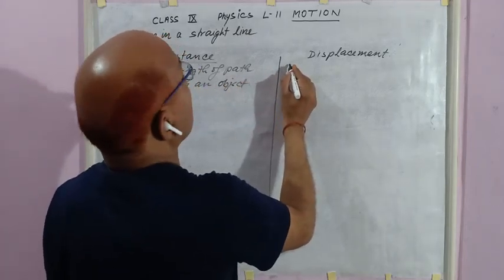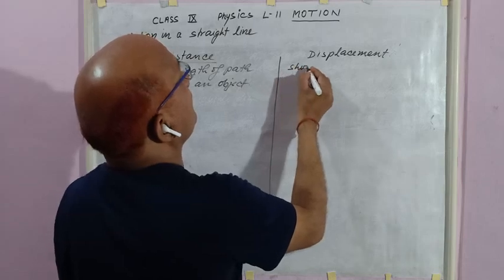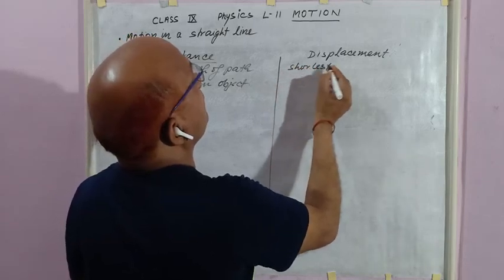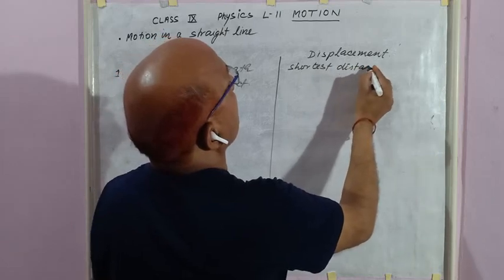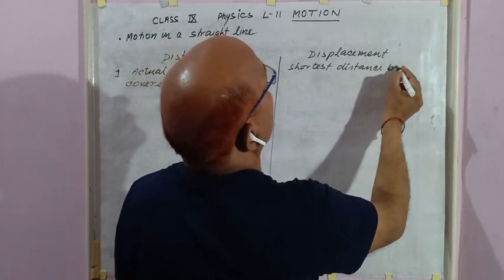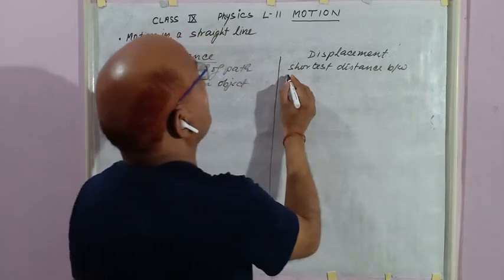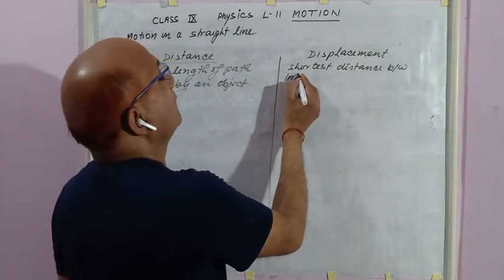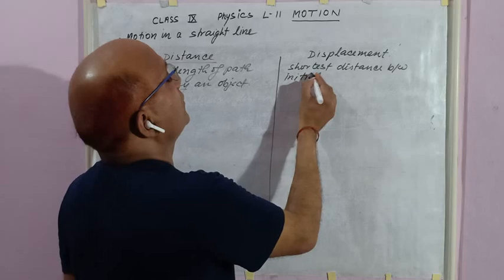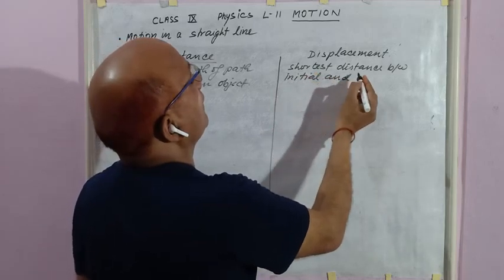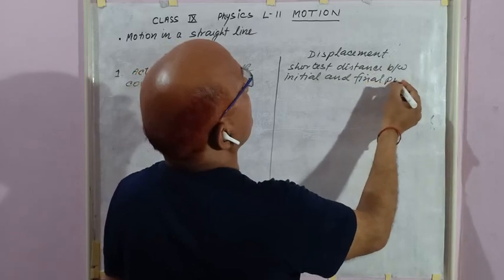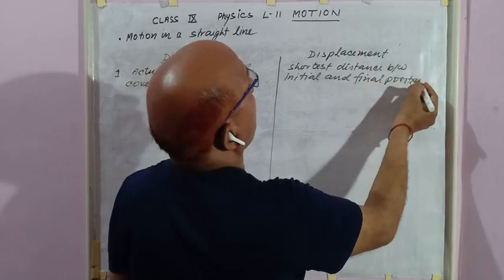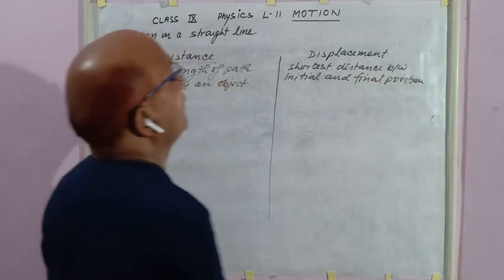It is shortest distance between initial and final position of the moving object.